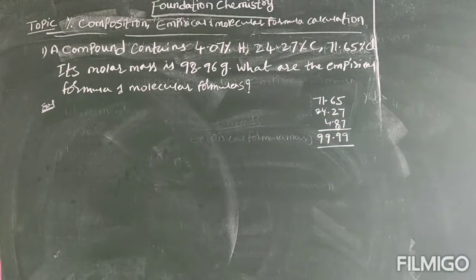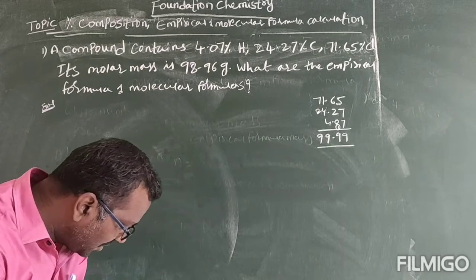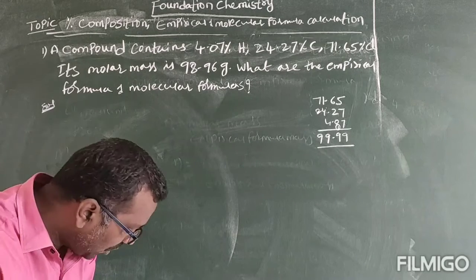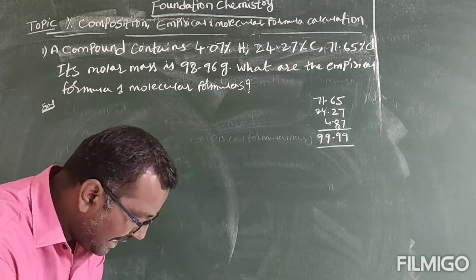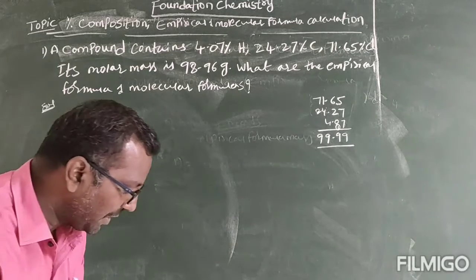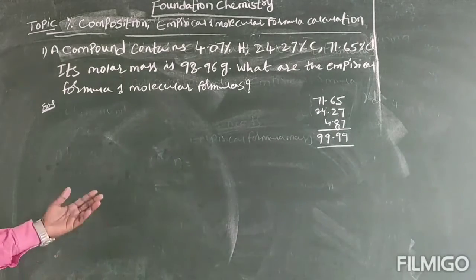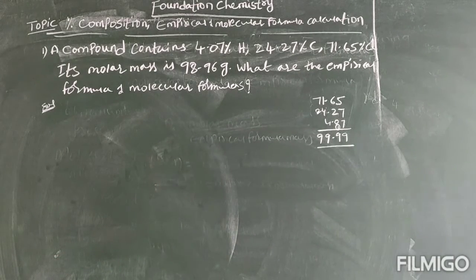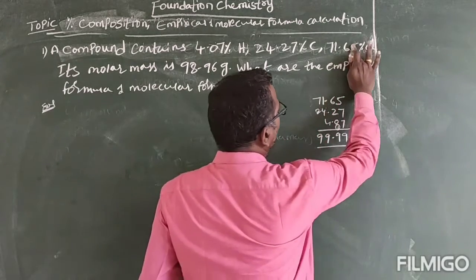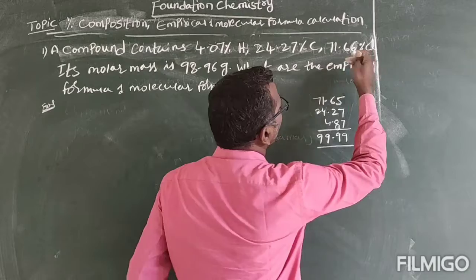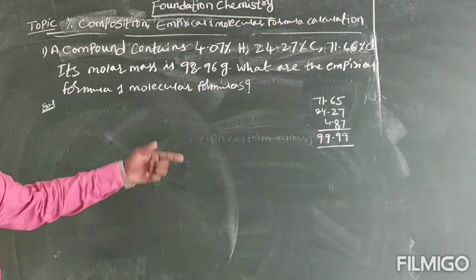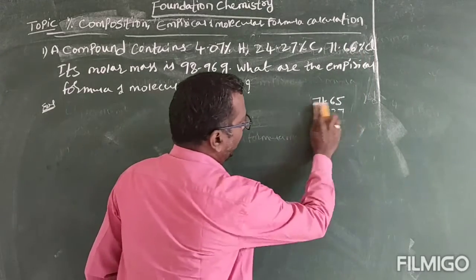It is not exactly the given percentage. Then how will you get exactly 100? So I think there we may have made a mistake. It may be 71.66. Make a correction, and it will be 100% now.